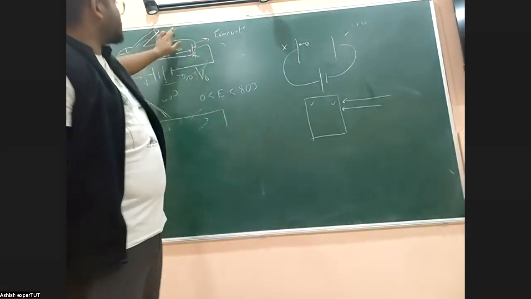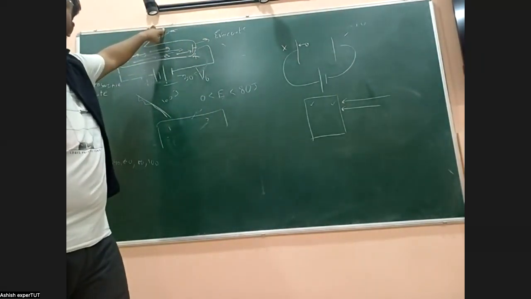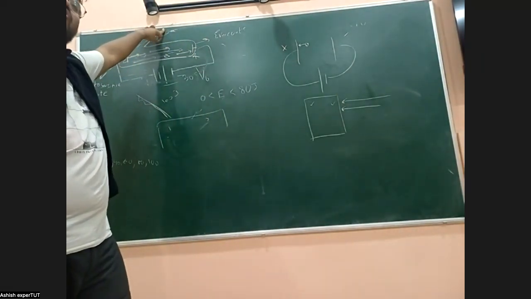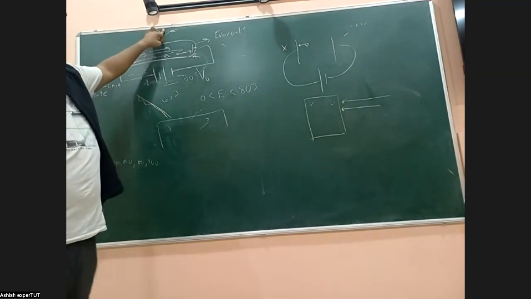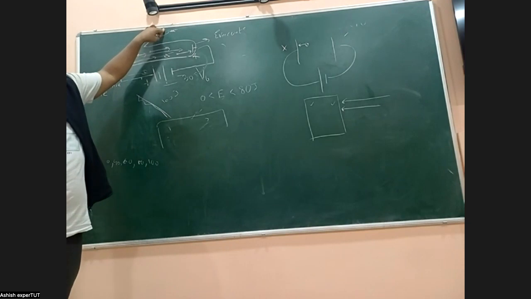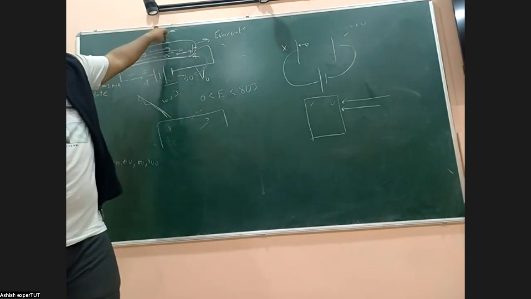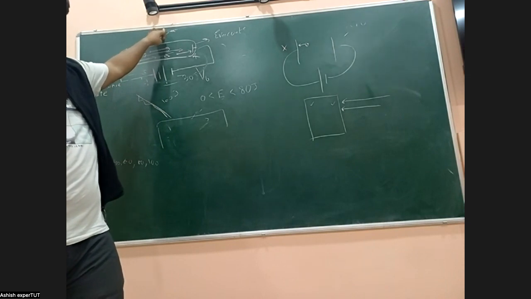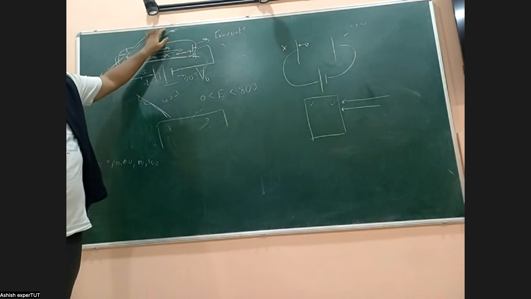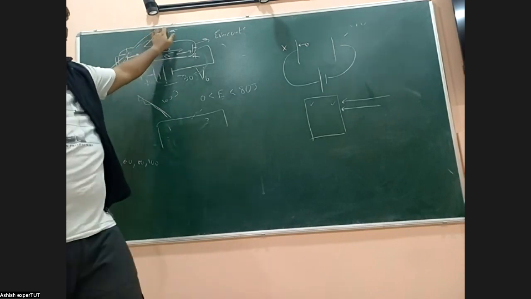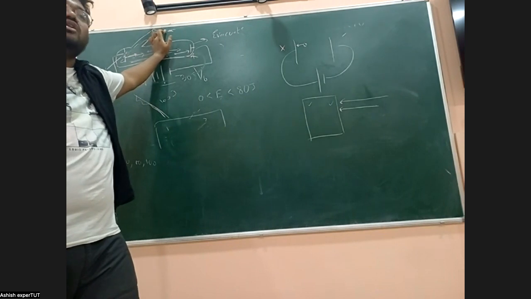If you increase the brightness of the incident radiation, brightness means more amount of light is coming, so that means more number of photons are coming. Okay, it doesn't necessarily mean you have increased the frequency or energy. It's just number of photons have increased. That is called intensity of incident radiation. Intensity of incident radiation is directly corresponding to the number of photons which are falling.